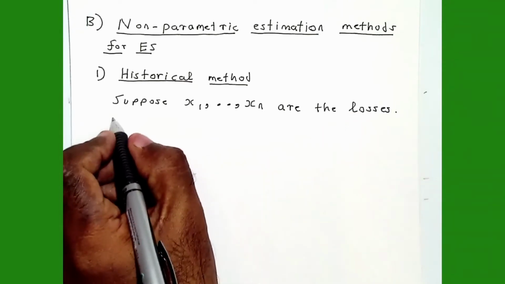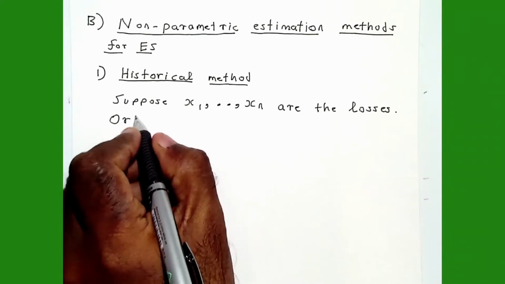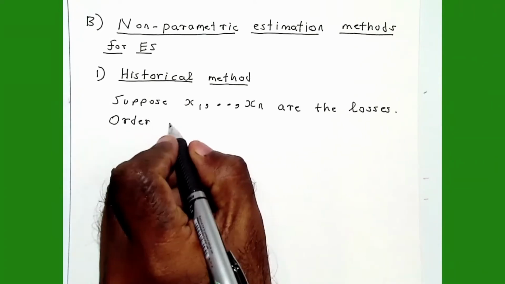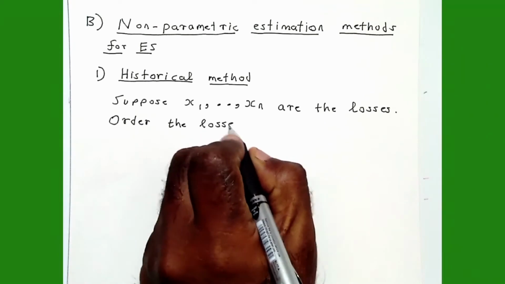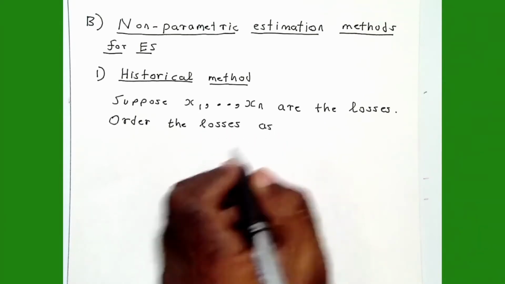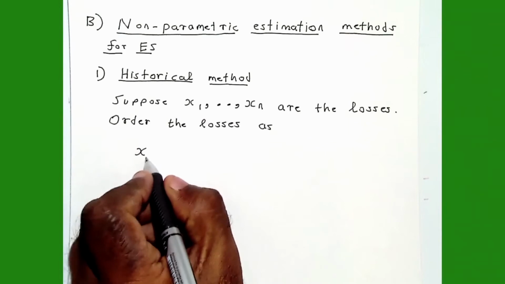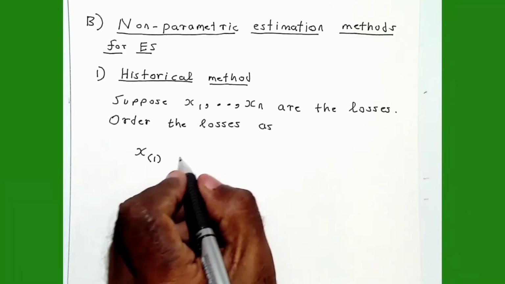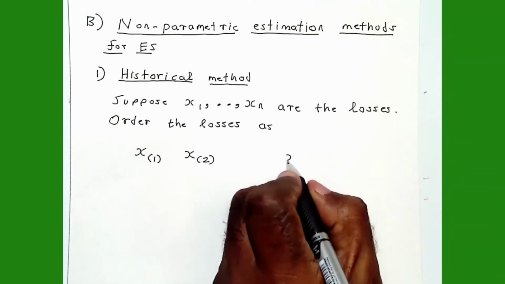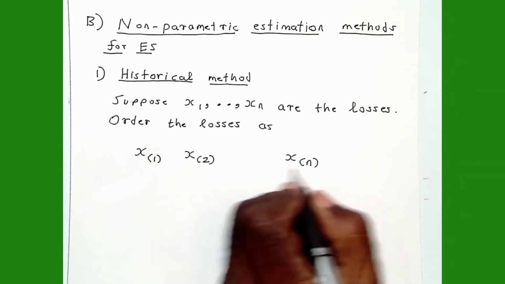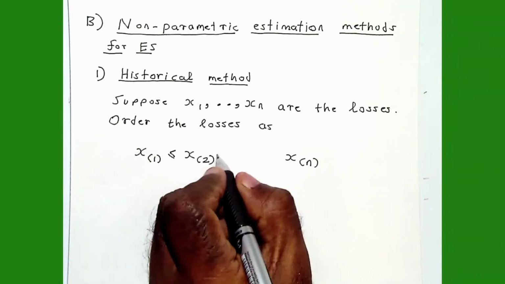The first thing you must do is to order the data, order the losses as follows. So this is the smallest, this will be the second smallest loss, and this will be the largest loss.